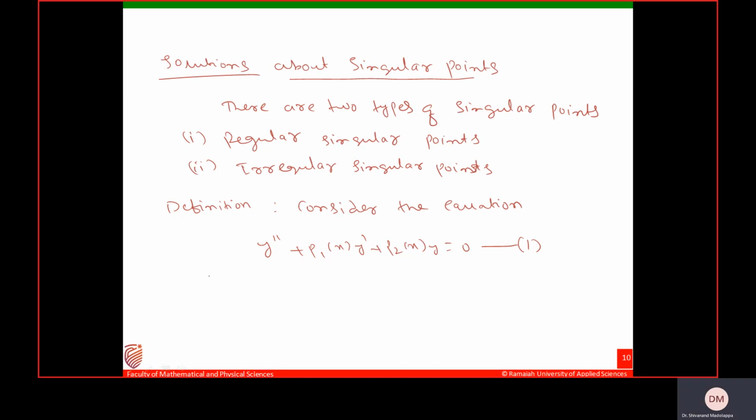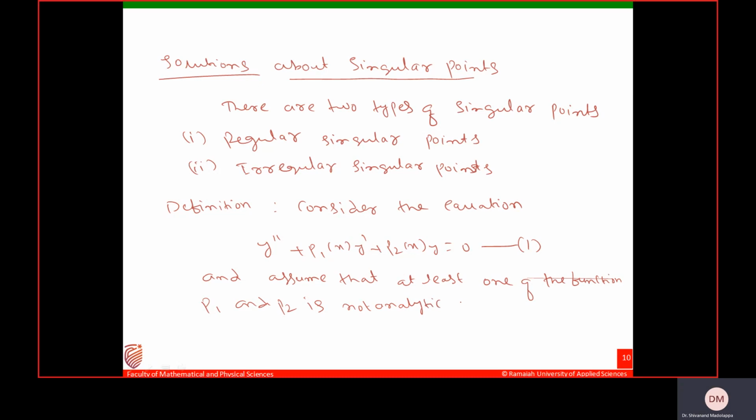Assume that at least one of the functions p1 and p2 is not analytic.